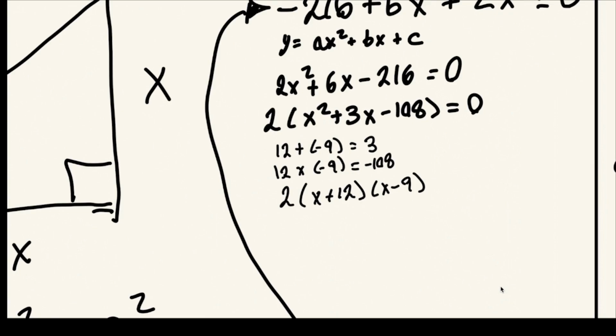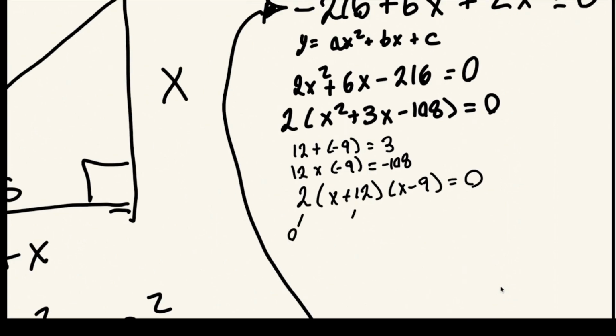Okay, so now, if we set everything equal to 0, this will be x plus 12 equals 0, so x equals negative 12, and then this will be x minus 9 equals 0, so then x equals 9.